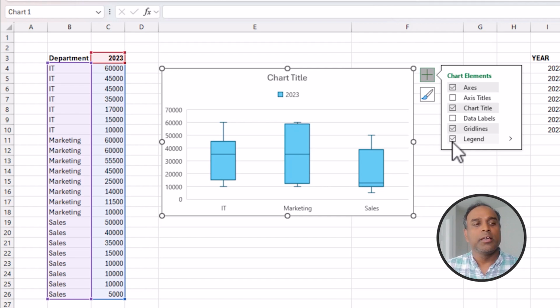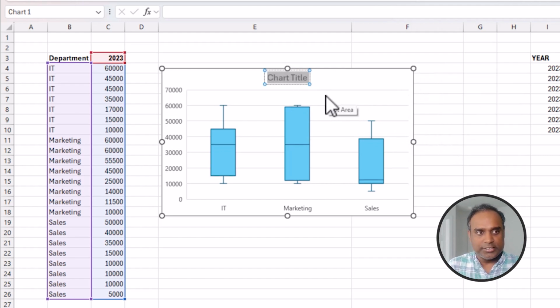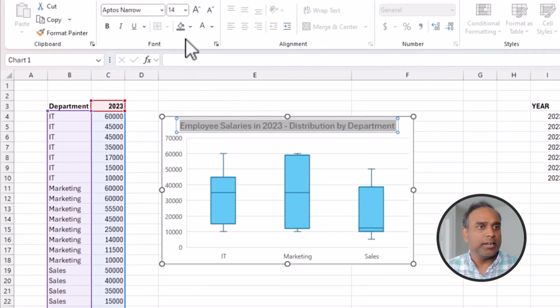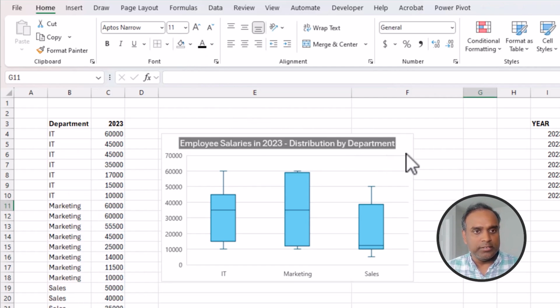We'll do it in the next chart, because there's only one series, so there's no real need to show the legend. I can just change the chart title instead to say employees salaries in 2023, distribution by department. So that could be my title, and I can customize the formatting of my title.